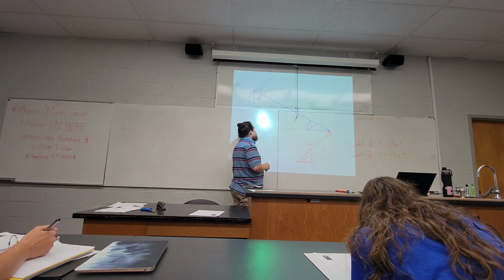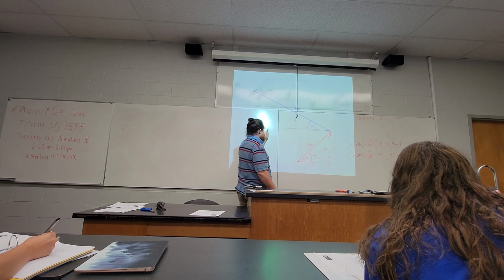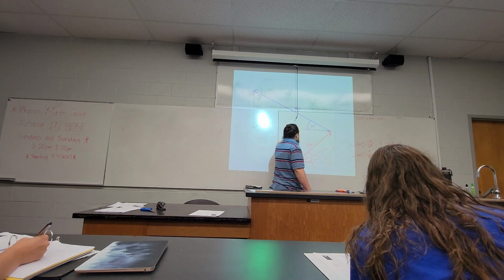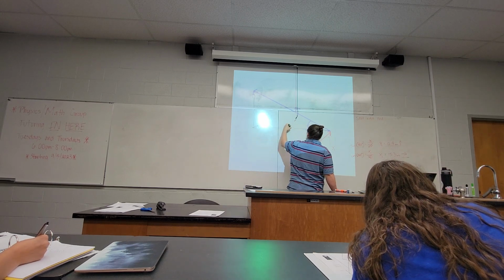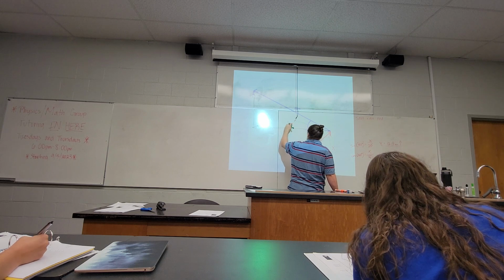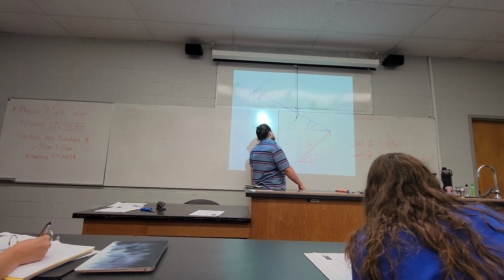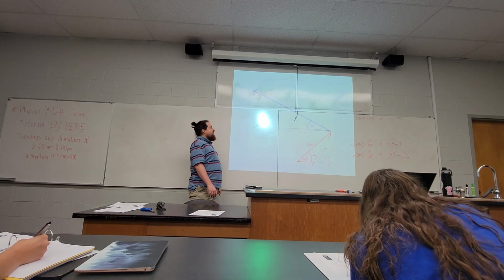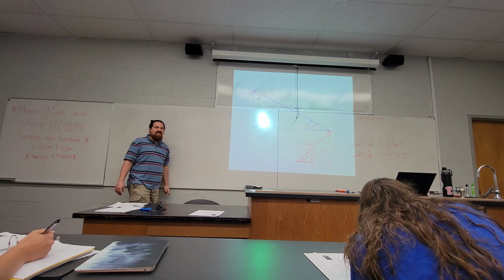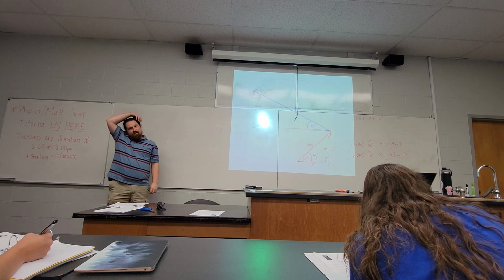Which, the legs are different sizes, but the orientation of the triangle is the same, if only mirrored. So from this angle's perspective, its x leg should also be adjacent, and its y leg should also be opposite. So I'm just going to use green and label those as x2 and y2 for the second vector.